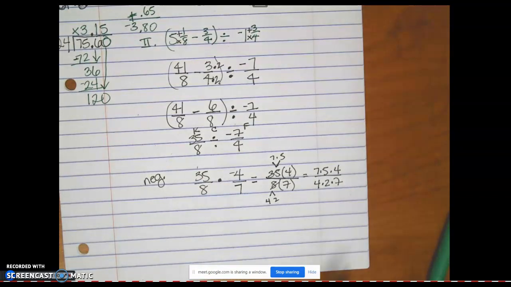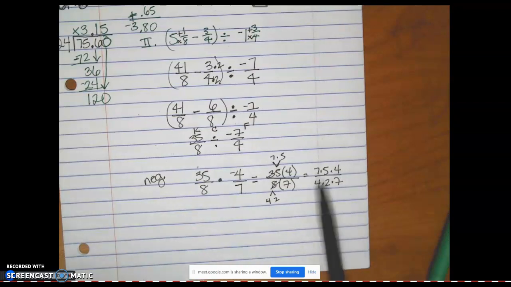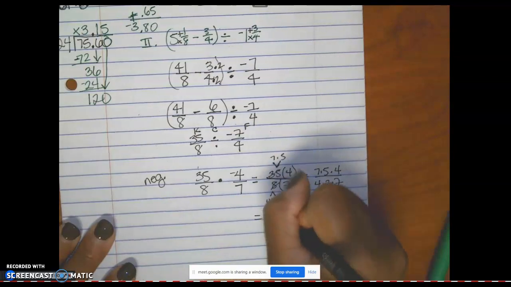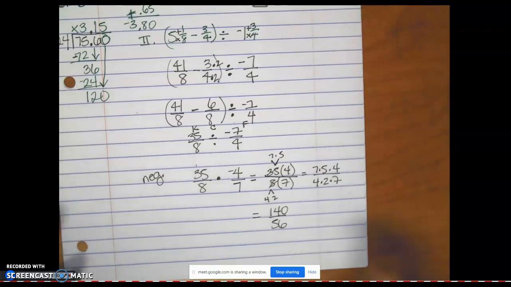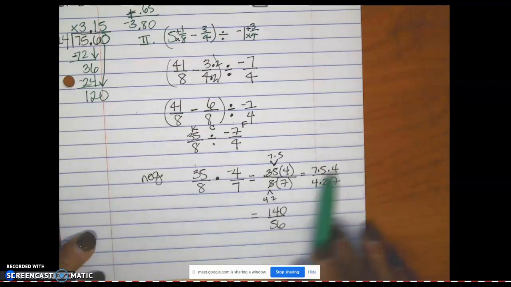Okay? This would have been 140 over 56. I could have still simplified then, but I want to do this way and show you the other way here. 140 over 56. Who's on top and bottom that I can cancel out? What numbers do they have on the top that they also have on the bottom? 4.